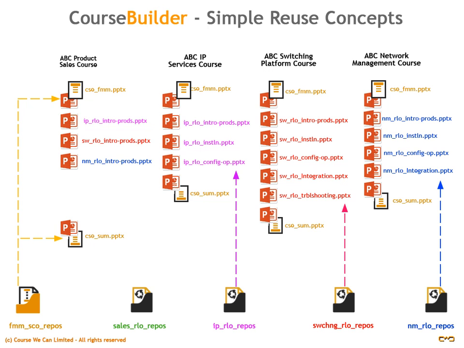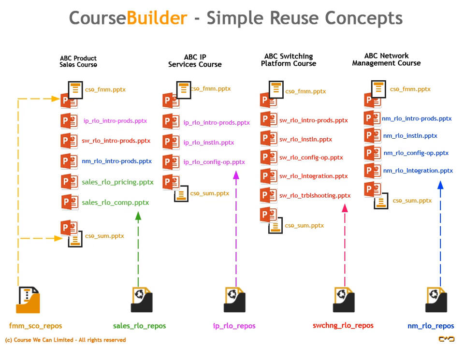Rather than reinvent the wheel and possibly get it wrong by writing their own product overviews, they wish to use each product group's RLO. They only have to add their own sales RLOs with pricing and competition details, etc. This has saved duplication of effort and ensures that the SMEs or originating authors maintain the content.